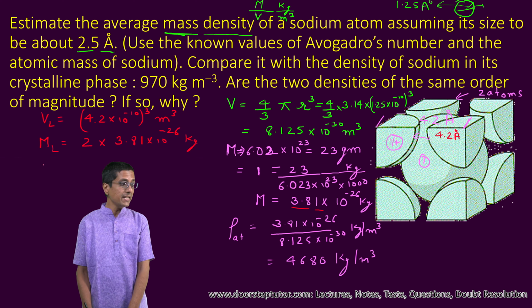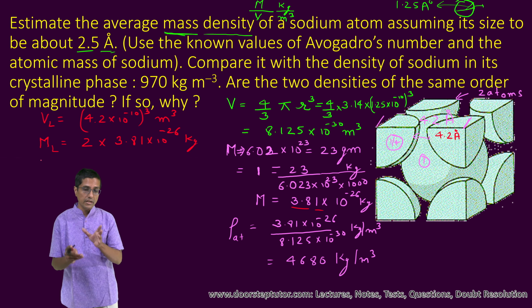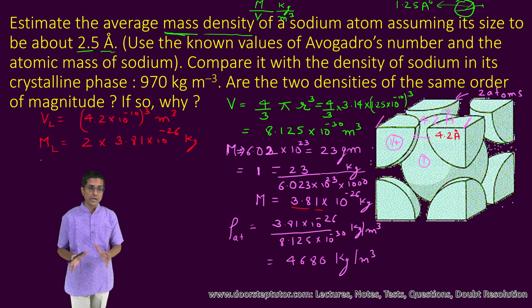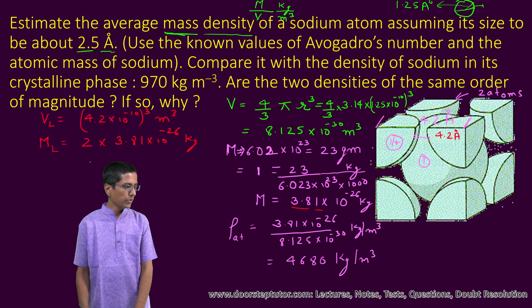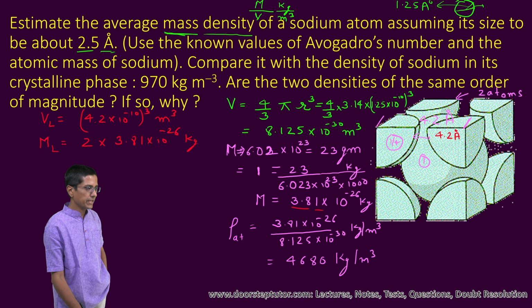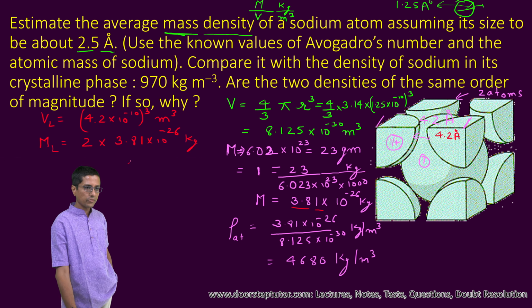So what about the density of this particular section of the sodium lattice? Density of the lattice is ml, the mass of the lattice, divided by the volume of the lattice. Nothing is special here. We know the mass, we know the volume.